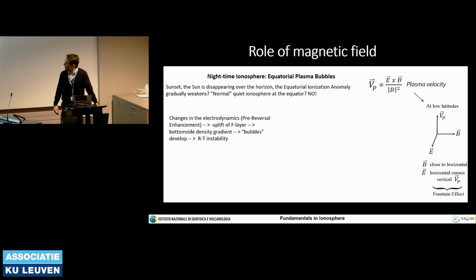And this creates an uplift of the F layer. And the uplift of the F layer with respect to the E layer creates a bottom side gradient. It creates bubbles that tend to go up and then descend along the magnetic field line, creating a so-called Rayleigh-Taylor instability.